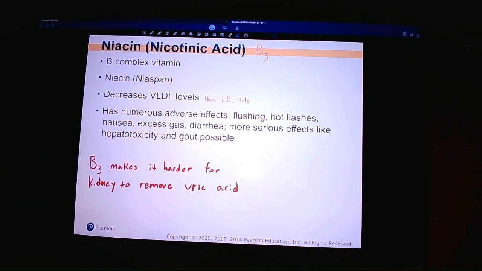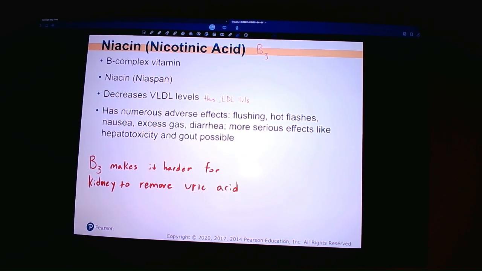What I want everyone to know is that niacin is typically indicated for extremely high levels of VLDL, right? This drug is specifically for this, right? Super high VLDL. And we talked about what VLDL is, right? Eventually it turns into LDL cholesterol, right?